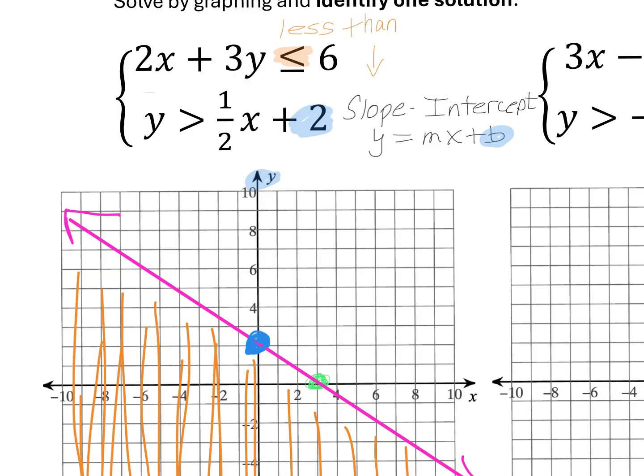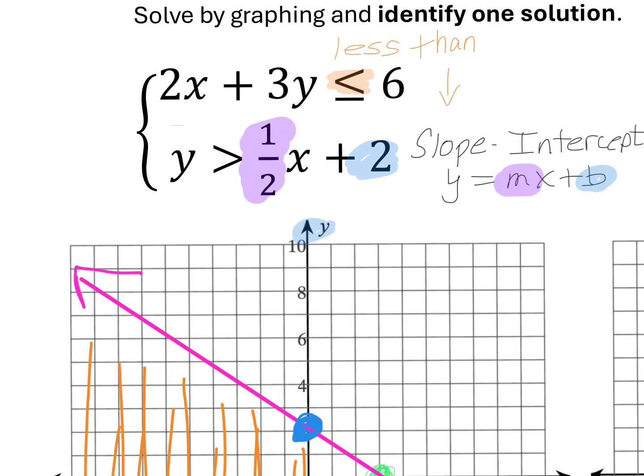And then I need to look at my slope. And remember, the slope is the number in front of the x. I notice that this is a positive slope, so it's going to move in that direction. And my rise is 1, my run is 2.